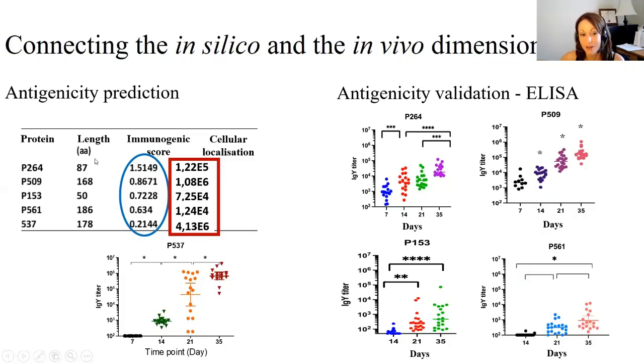For example, our negative control, which was attributed a very low immunogenic score, elicited an immune response in birds comparable to what was generated for the other candidates.